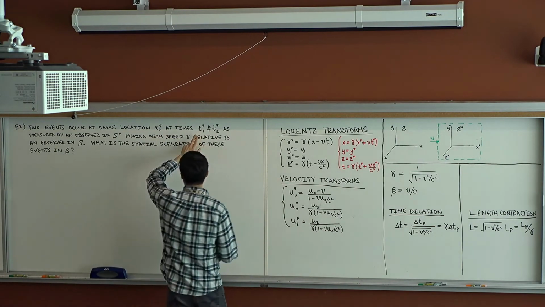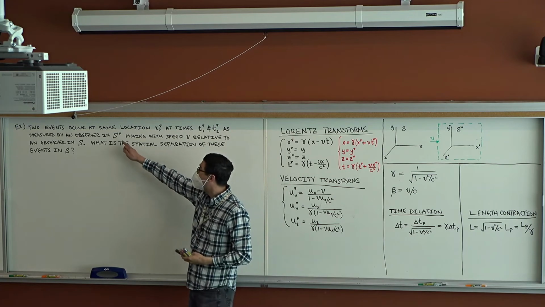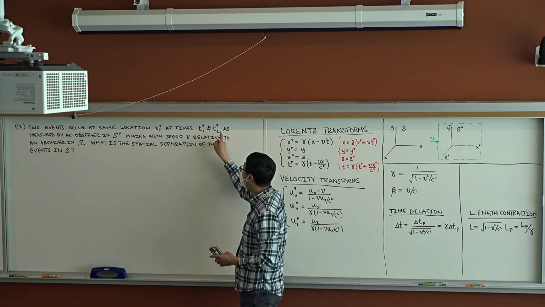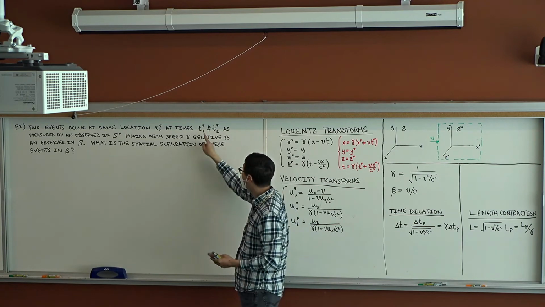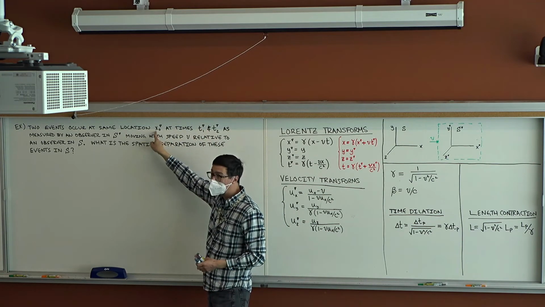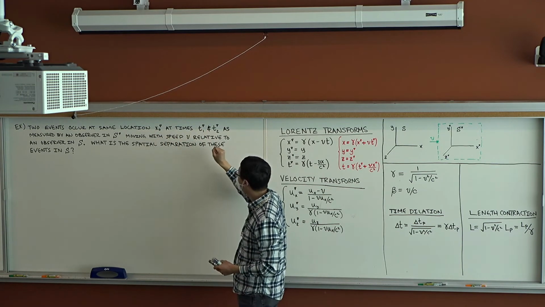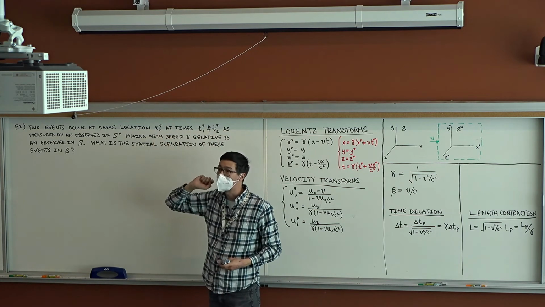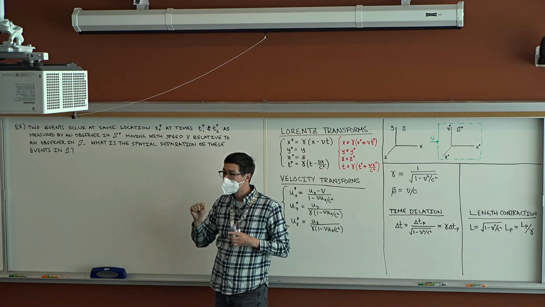And the 2 events, as measured by an observer in S prime, are at t1 prime and t2 prime. So event 1 happens at t1 prime at location x0 prime. Event 2 happens at time t2 prime at the same location x0 prime.